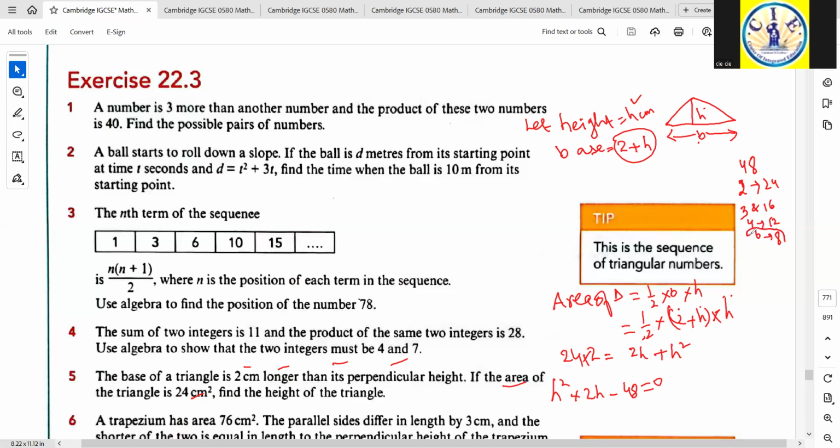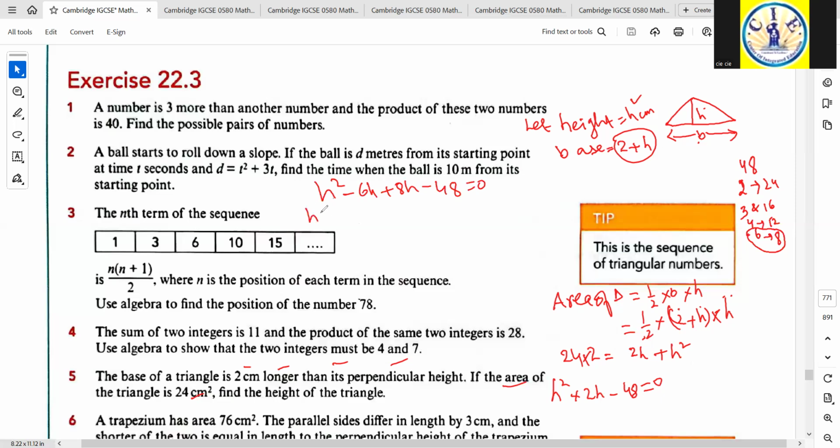They have a difference of 2. So the required factors in this case would be h squared minus 6h plus 8h minus 48 equal to 0.